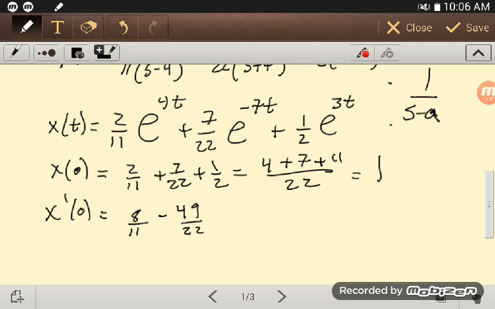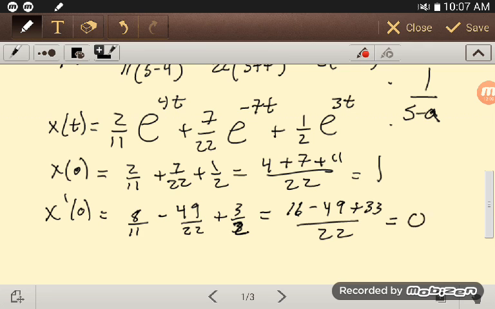And then here I bring down a 3, so plus 3/2. That's a half, 3/2. And again, changing everything to 22, that's 16 minus 49 plus 33 over 22, and that is indeed 0.